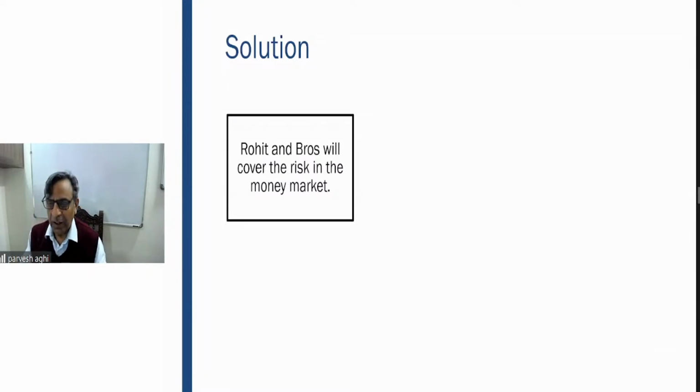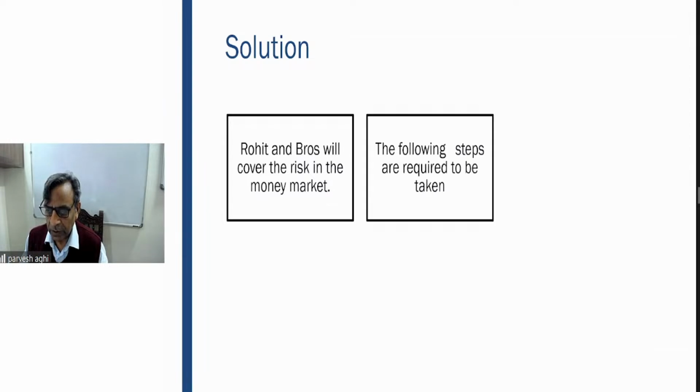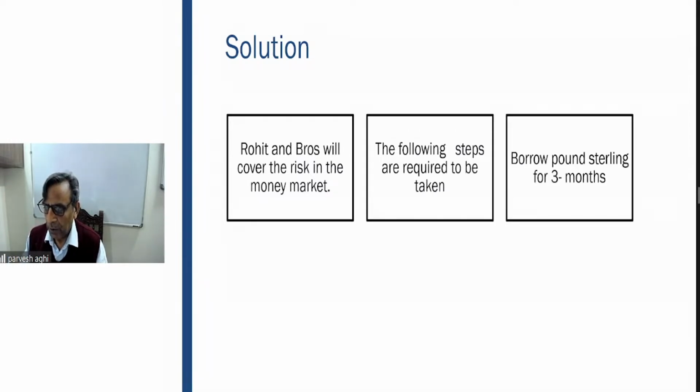In the absence of any rates given to us, there is no forward rate given, and not even the spot rate after 3 months is given. So we can't use the forward cover and compare it with the expected rate 3 months down the line. So we need to do it through a money market hedge. The following steps are required. Borrow pound sterling for 3 months.